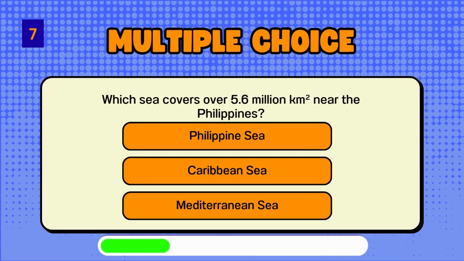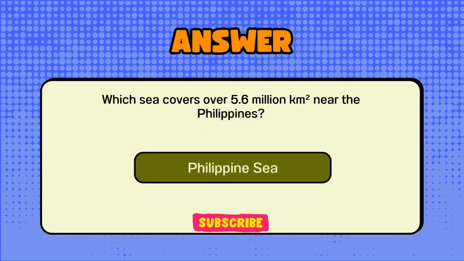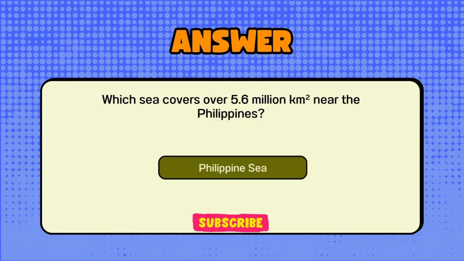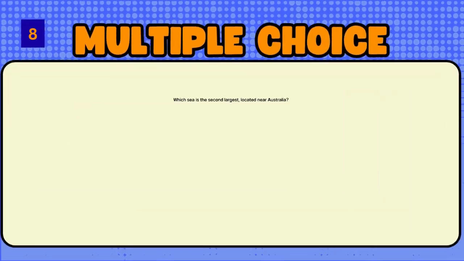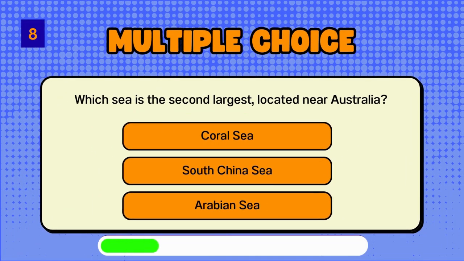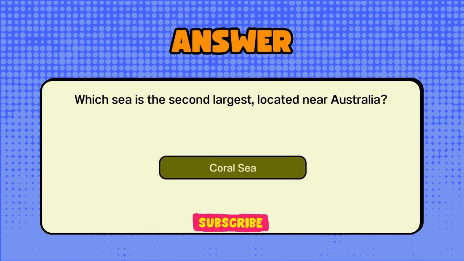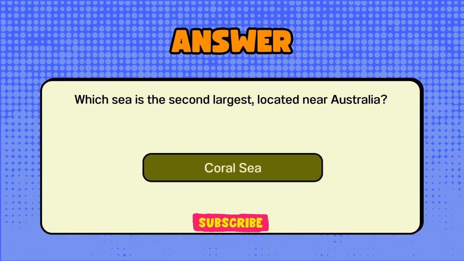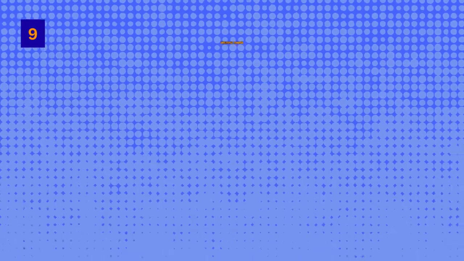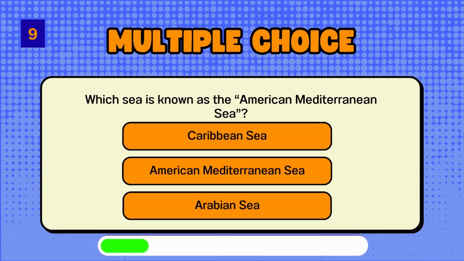Which sea covers over 5.6 million square kilometers near the Philippines? Which sea is the second largest, located near Australia? Which sea is known as the American Mediterranean Sea?